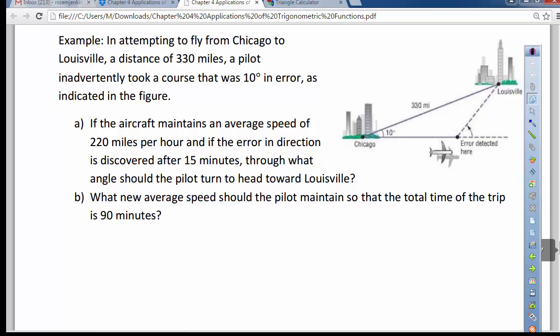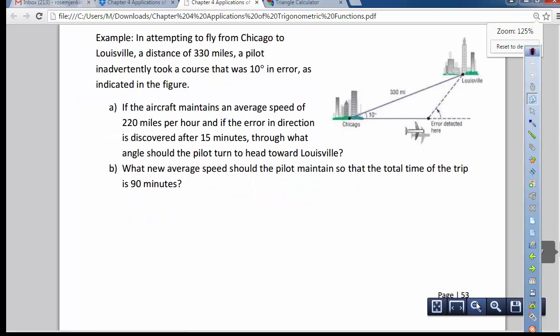All right, we have another problem where we're going to try to use the law of cosines and probably follow it with the law of sines. It says, in attempting to fly from Chicago to Louisville, a distance of 330 miles, a pilot inadvertently took a course that was 10 degrees in error, as indicated in the figure.